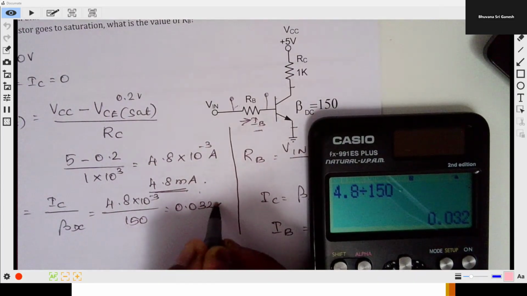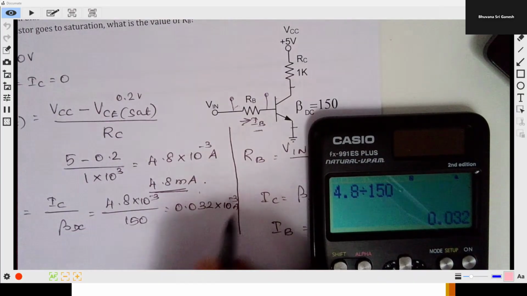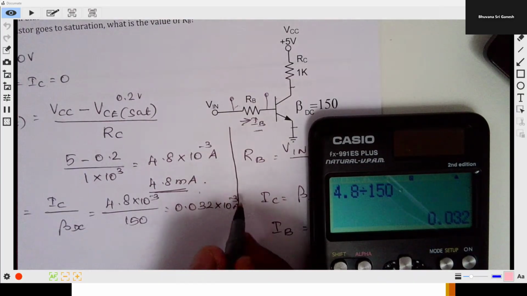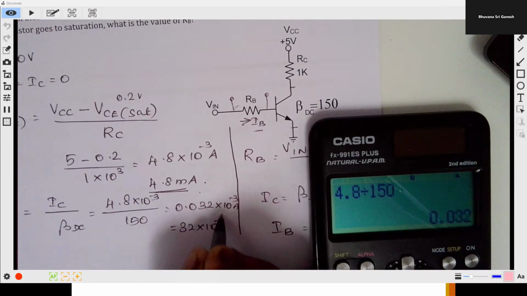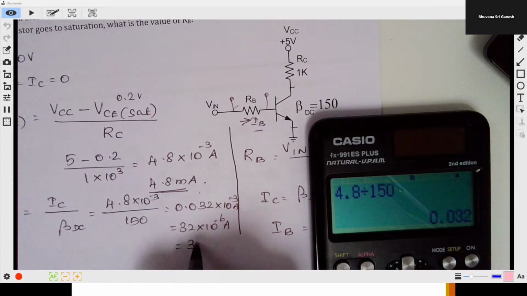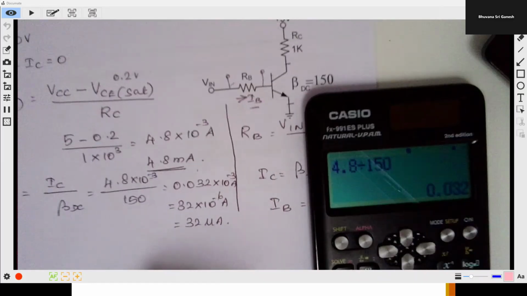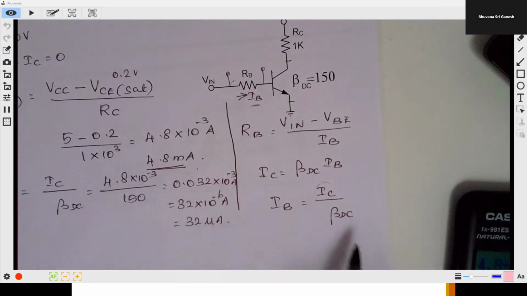That is 0.032 times 10 power minus 3 amperes, or moving the point 3 places, 32 times 10 power minus 6 amperes, 32 microamperes. Now we have the value of IB.